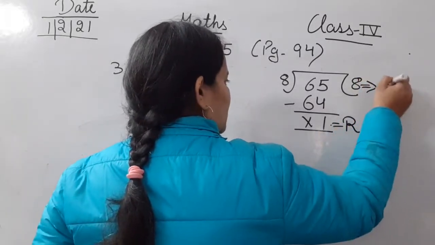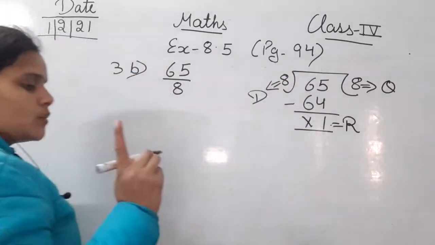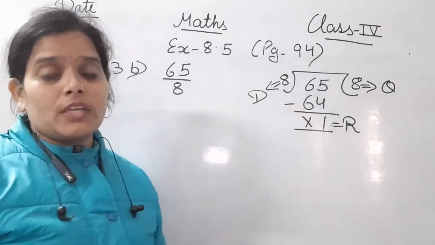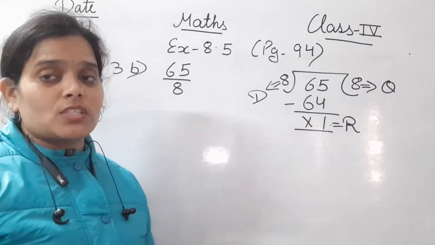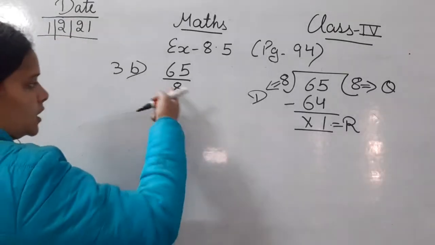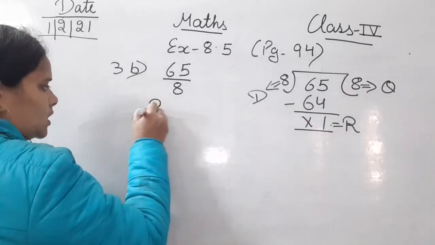Quotient is 8 and the divisor is 8 again. Just one thing that you will always remember, इसमें देखिए there is no role of the dividend while writing the fraction into a mixed fraction. Just write this fraction into a mixed fraction by following the formula QRD.